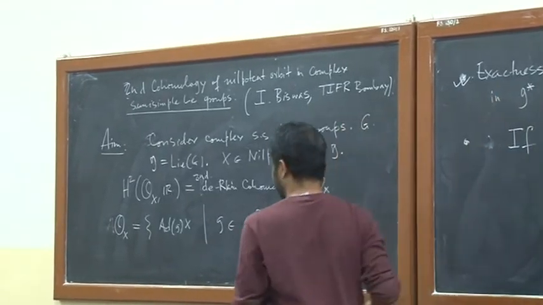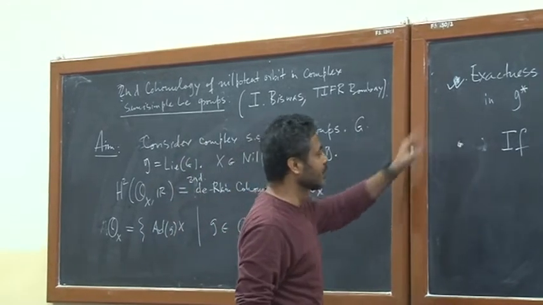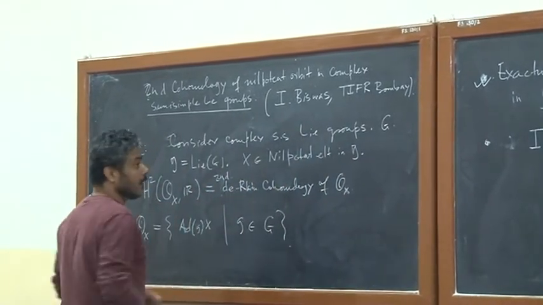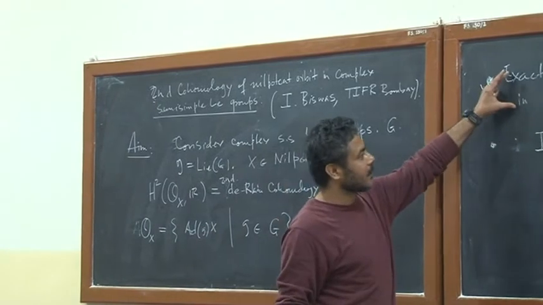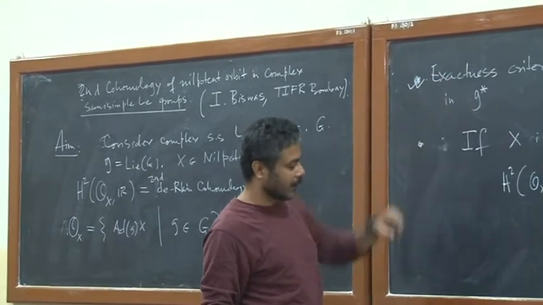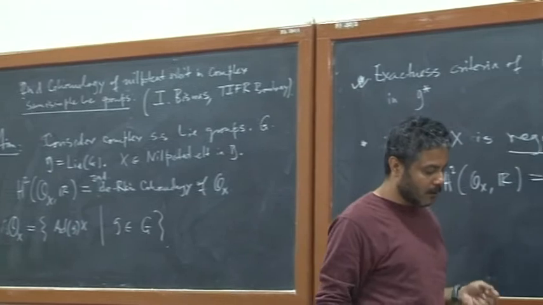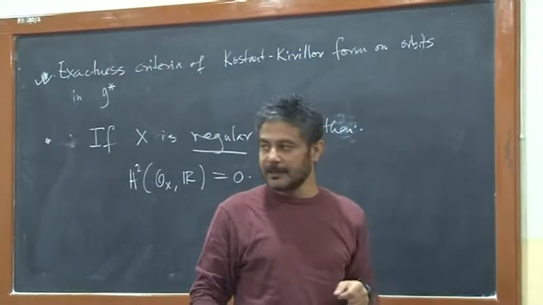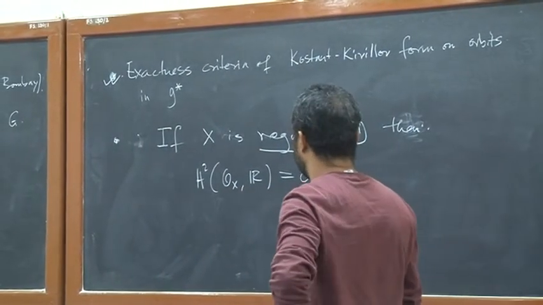So these two things led us to ask what is the general description. From the exactness criteria that I'm going to show, if I take the Kostant-Kirillov form on a nilpotent orbit, then it is going to be exact.